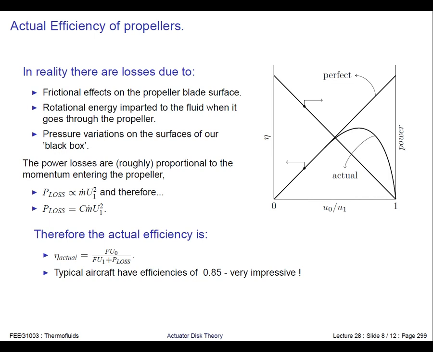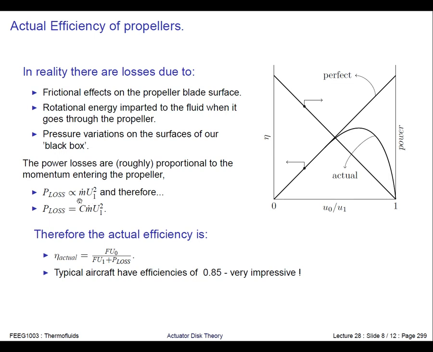So that's a very qualitative explanation without getting into too much detail. The way we can deal with this is we know that the lost power, P loss, is proportional to the mass flow going through the propeller, multiplied by the kinetic energy of the flow going through the propeller.